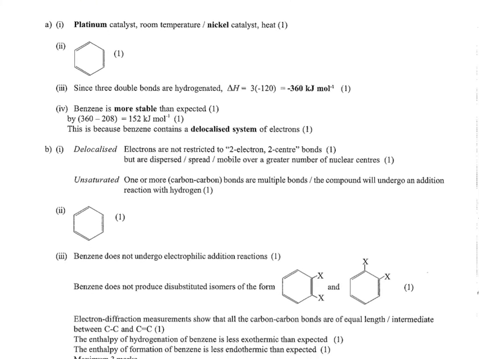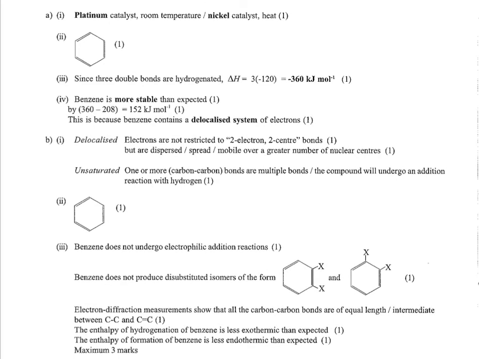So this question was just from a general pack of questions. It's of similar standard to the ones that will be on your A level. In the textbook it may not mention platinum catalyst and room temperature, but they definitely have covered nickel catalysts and heat from last year, from your first year, when looking at hydrogenating alkenes.